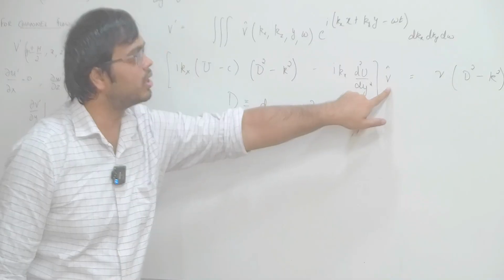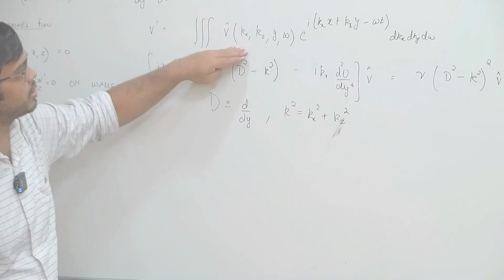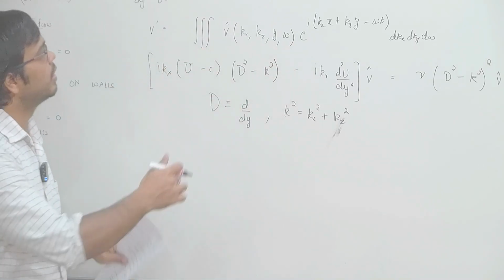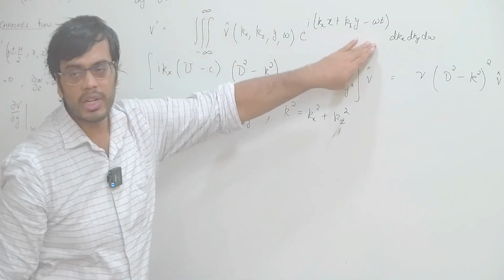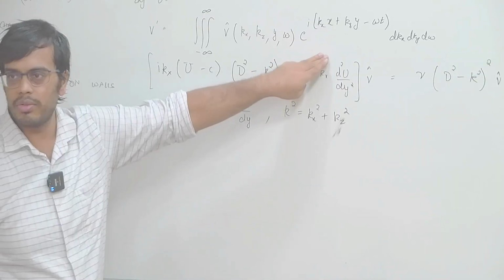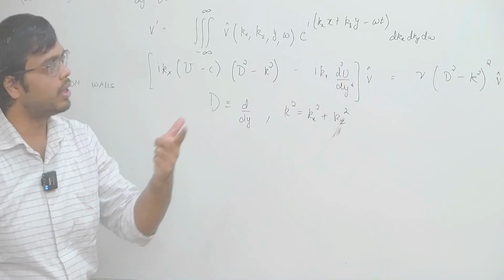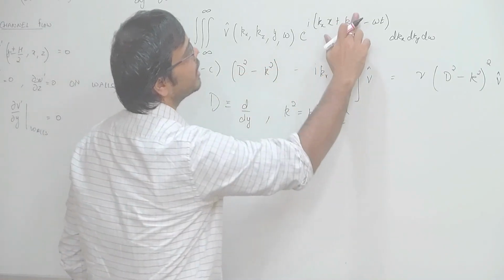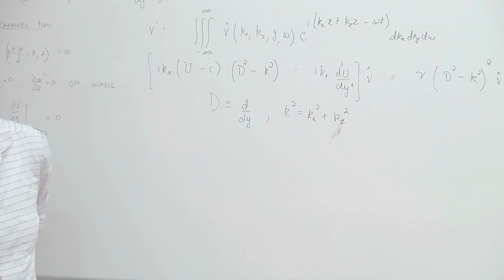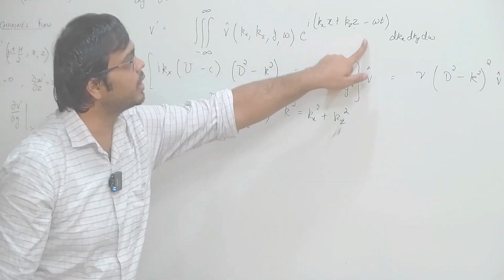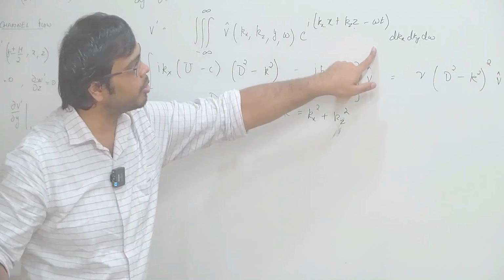Okay, this is called the mode, or you can call it the amplitude. Why is it called the amplitude? Because if you just look at this expression, you know that this part is the wave traveling part, where your wave is not propagating only in x or only in z, it is propagating in both directions.